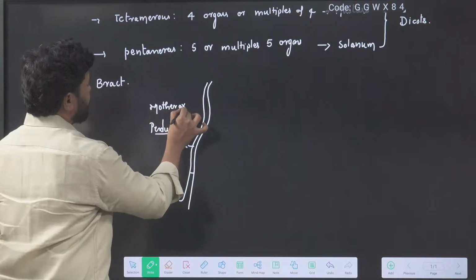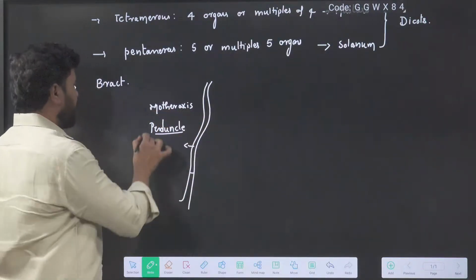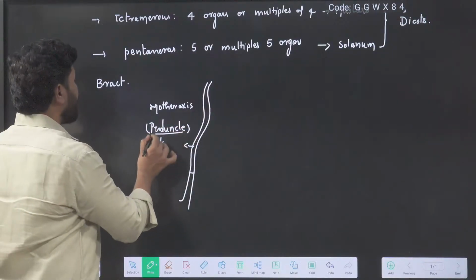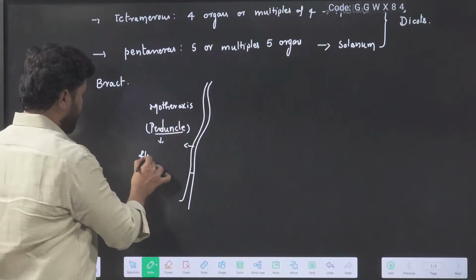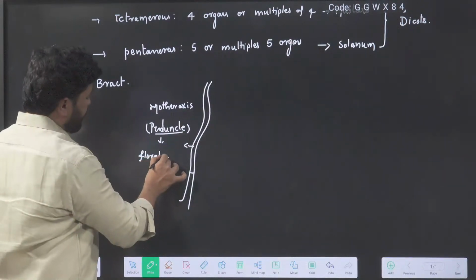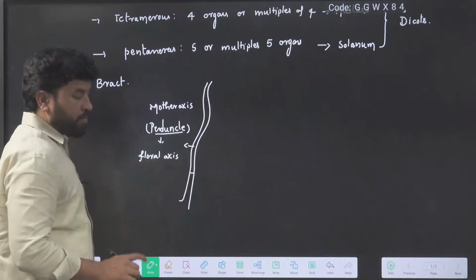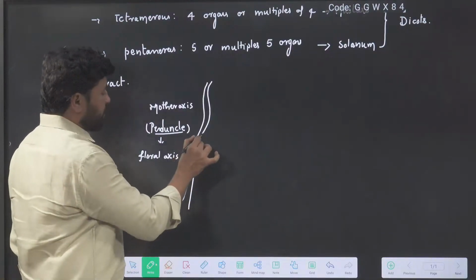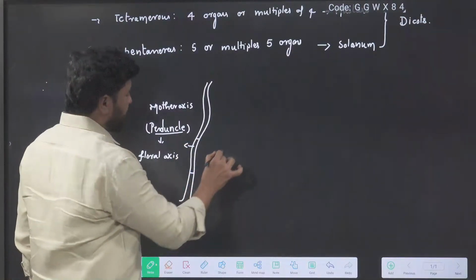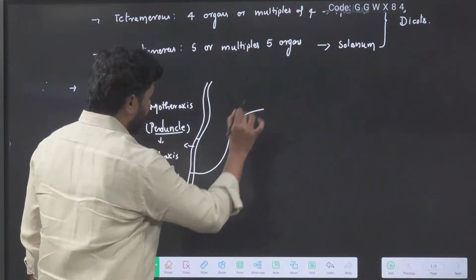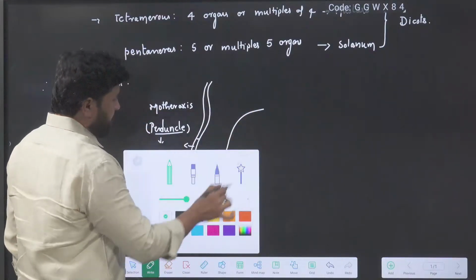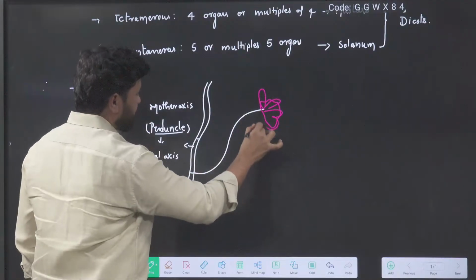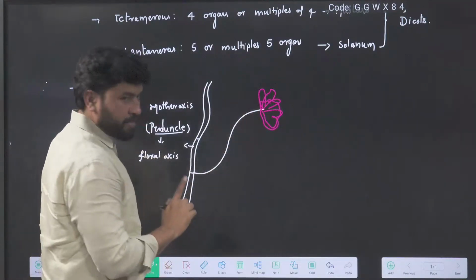You can also call it the floral axis. Anyhow, all these words represent the stem on which flowers are developing. Imagine this is the floral axis where a flower has developed. Consider this is the flower, a little ugly, but anyhow it's a flower.